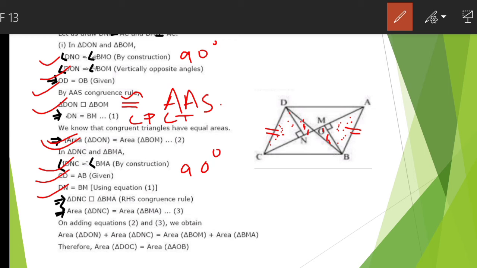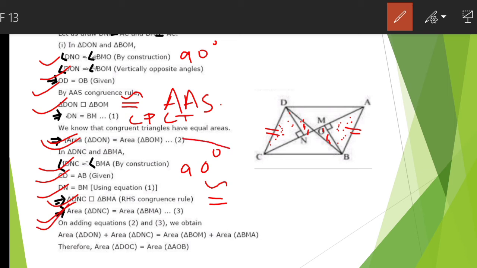So these two triangles DCN and ABM are congruent to each other by the RHS rule. Since the triangles are congruent, their areas are equal.